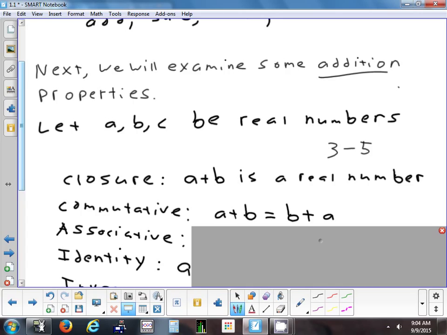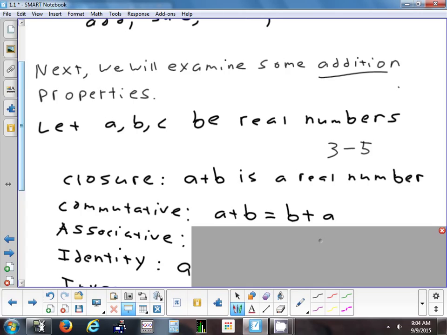Okay, how about associative? There is going to be a property for multiplication. I'm just going to tell you the page in the book that the multiplication ones are on, because they're all very similar. But this one still has to do with addition. Anybody remember what associative means? Ruby?